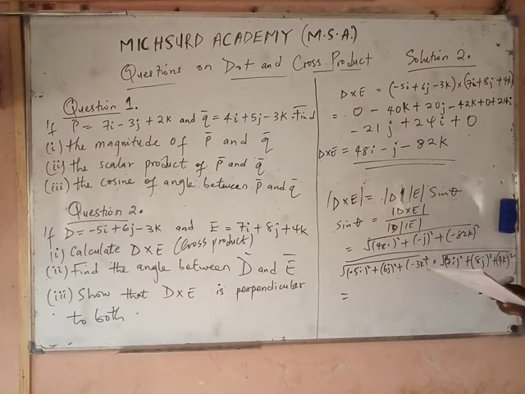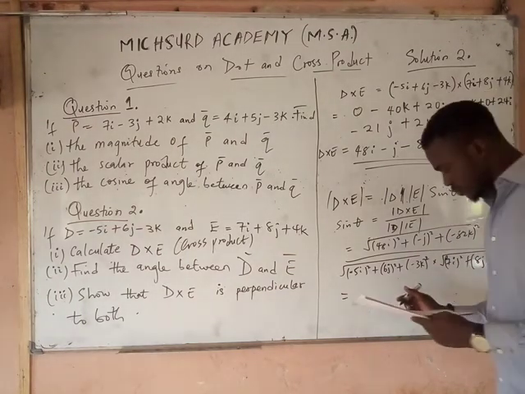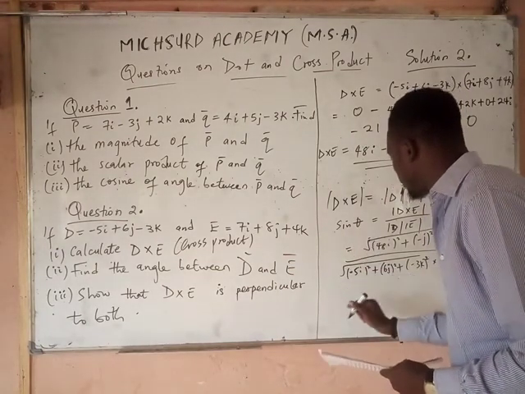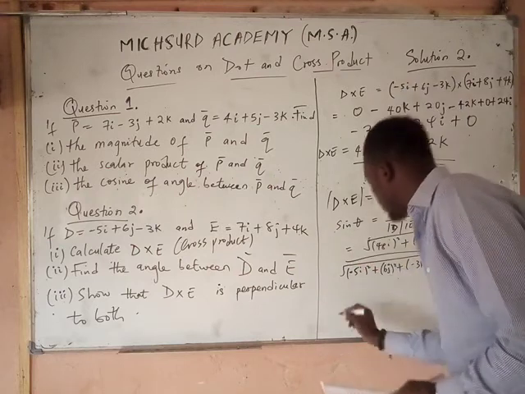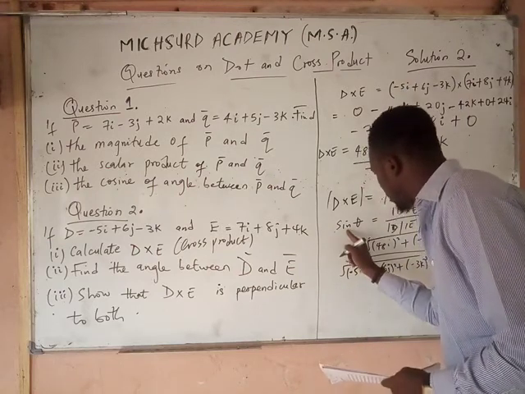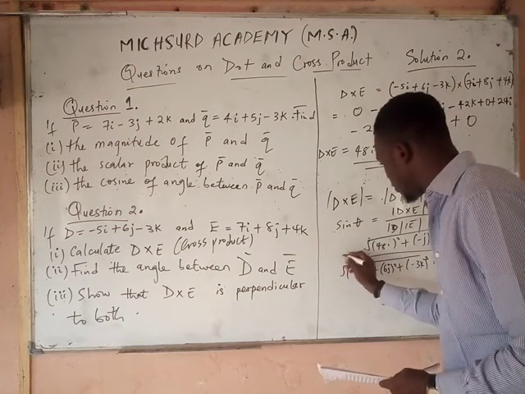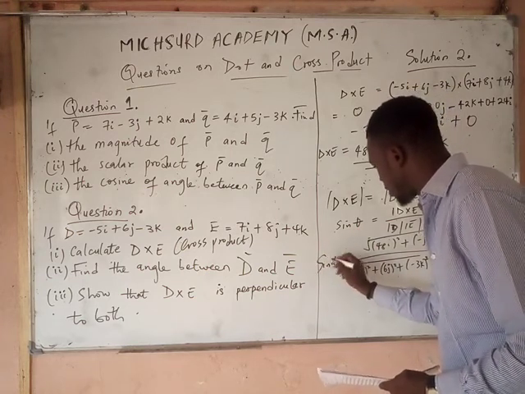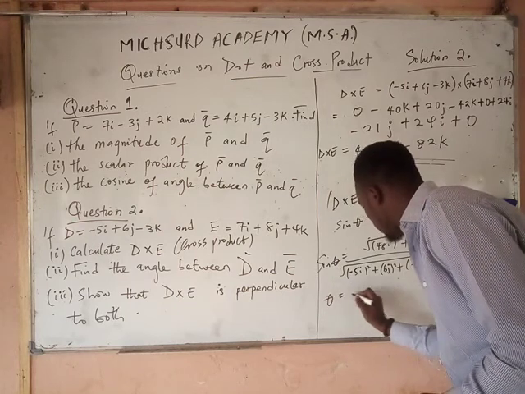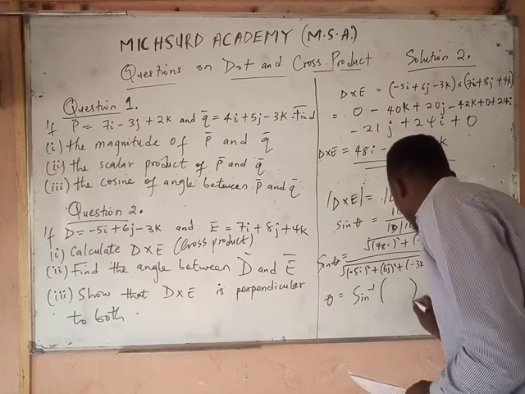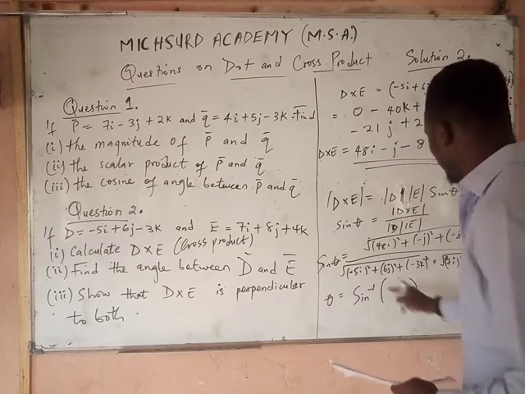You are going to have your result, okay, let's go straight to find the sine theta. If you make theta the subject of the formula, remember the whole of this is sine theta. So you have sine inverse of whatever answer you have here.